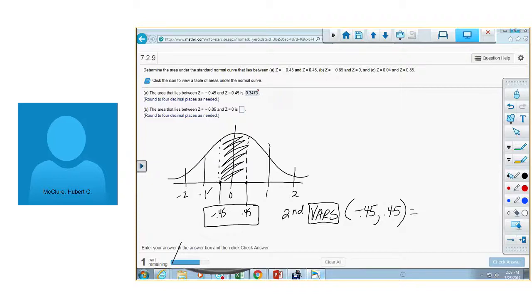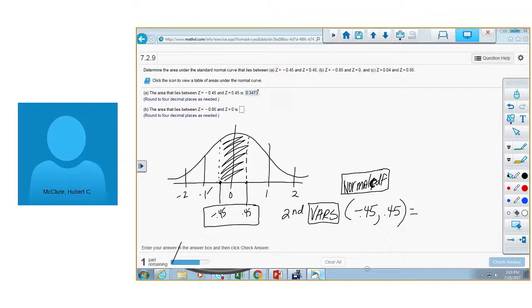Somebody do that and tell me what you get. Second bar's normal what? PDF. Normal PDF. Or CDF. Which one is it? CDF. And what do you get?